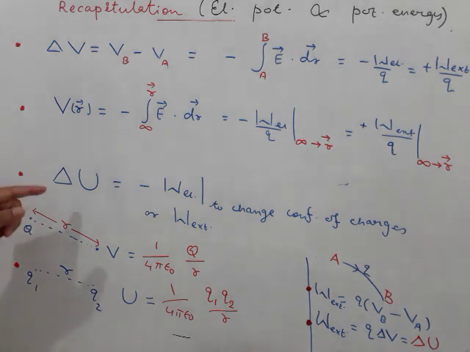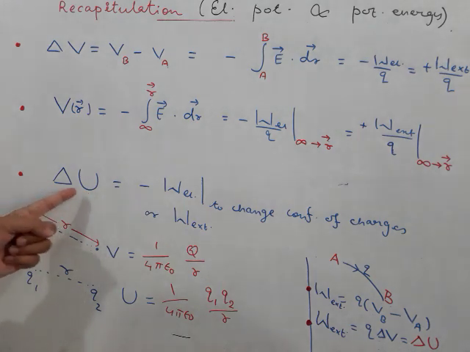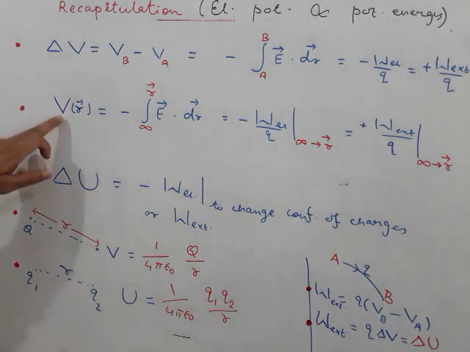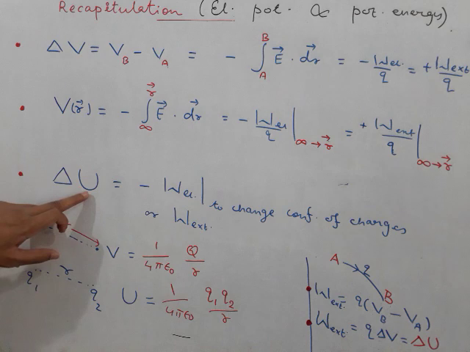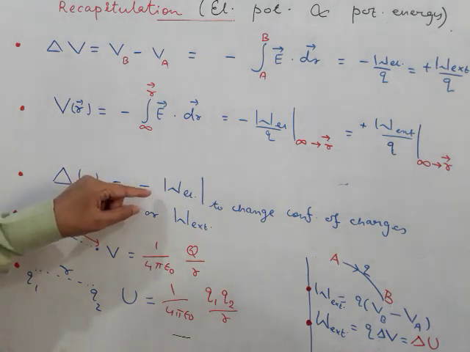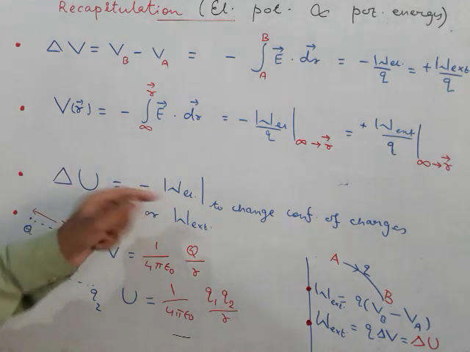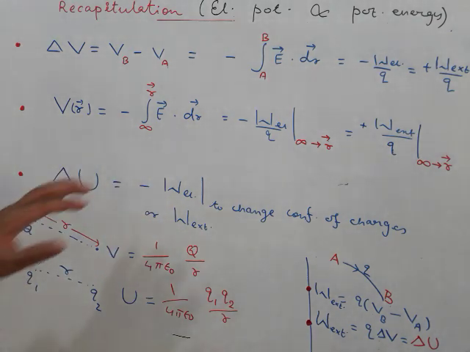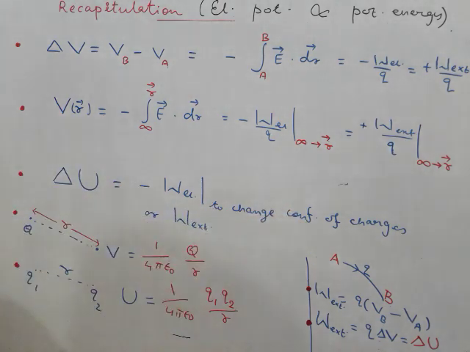Then in the last class we discussed about change in potential energy. So this is potential V, this is potential energy U. Delta U is nothing but the negative amount of the work done by electrical forces to change the configuration of charges from initial configuration to some final configuration.